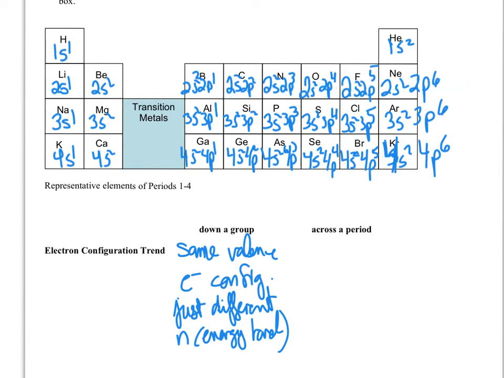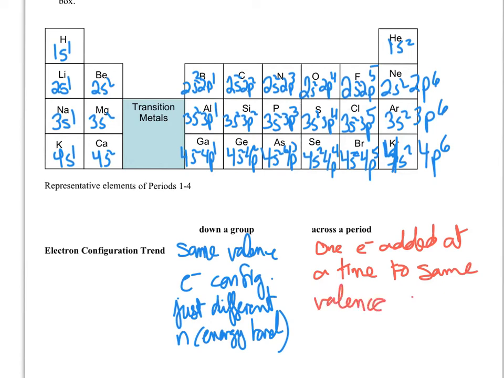It looks like we're in the same energy level, but we are adding one electron at a time to the same valence energy level.